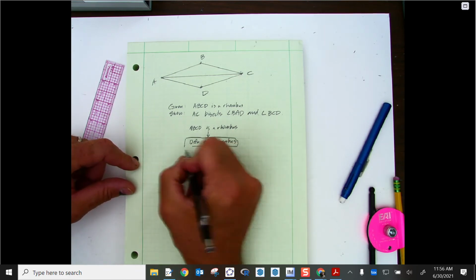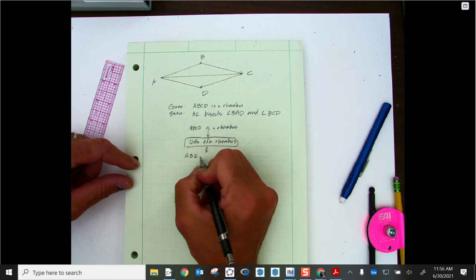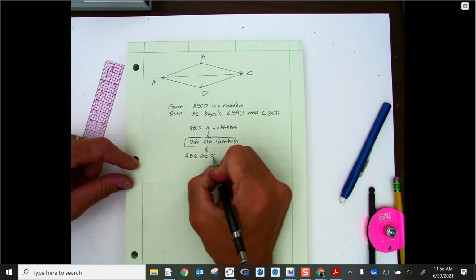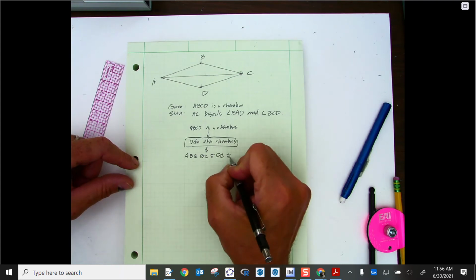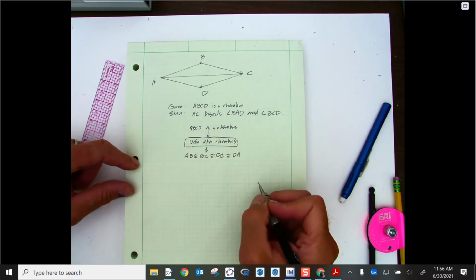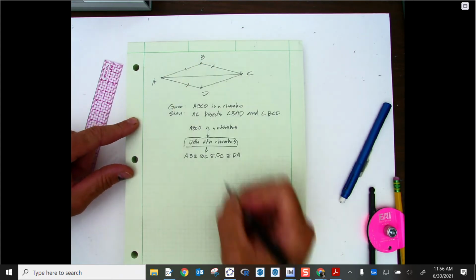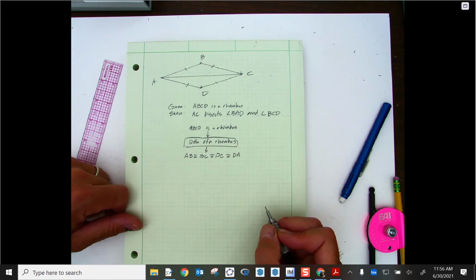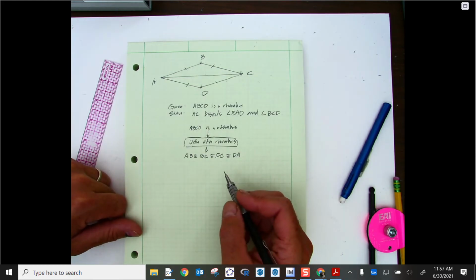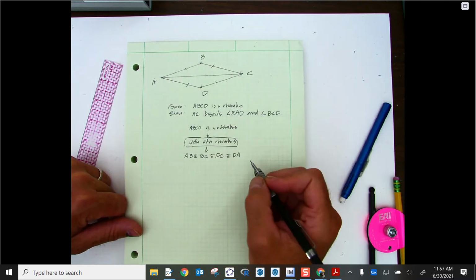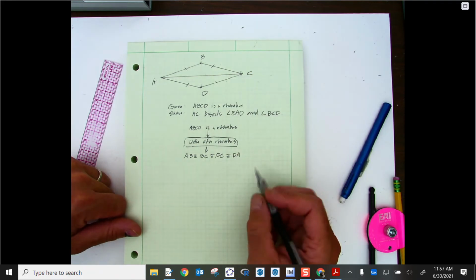We get AB congruent to BC congruent to DC congruent to DA. Well, that's kind of neat, because that means we definitely have congruent triangles top and bottom. It looks like we get it by side, side, side, because there's a shared angle here. So these two angles, if we get it by side, side, side in the right order, would be congruent to these two angles. That works out really nicely.